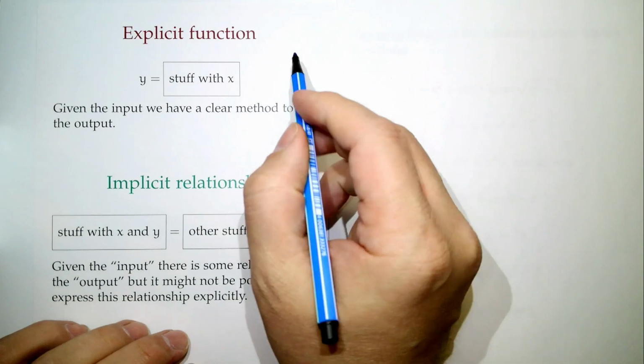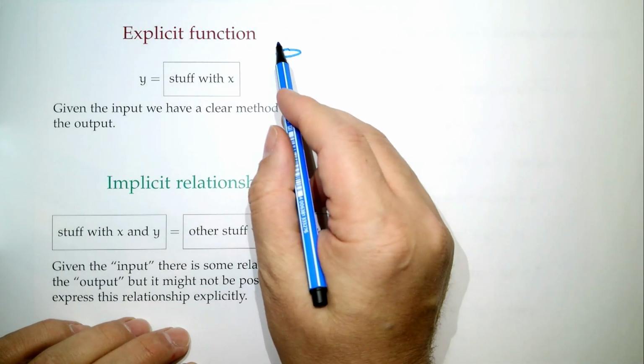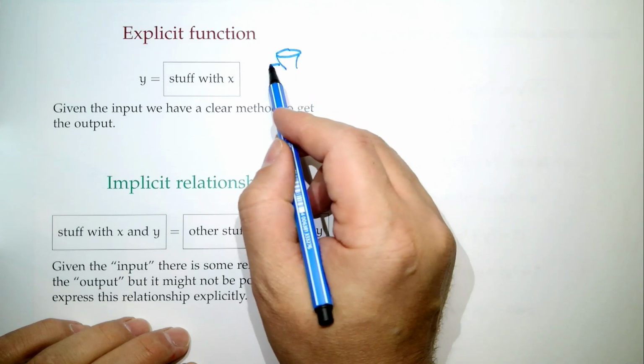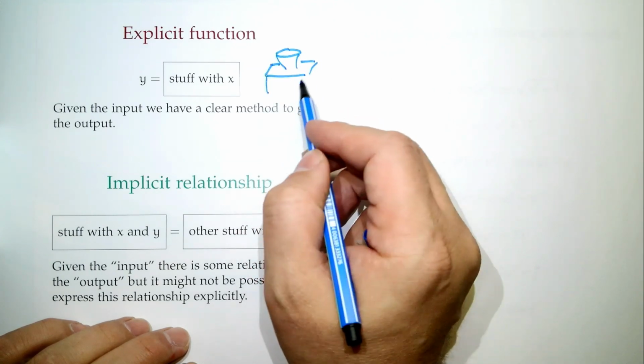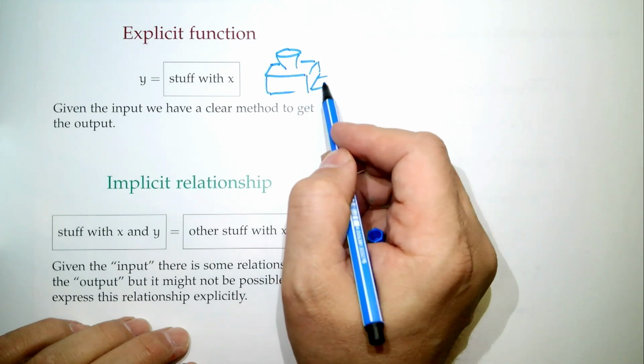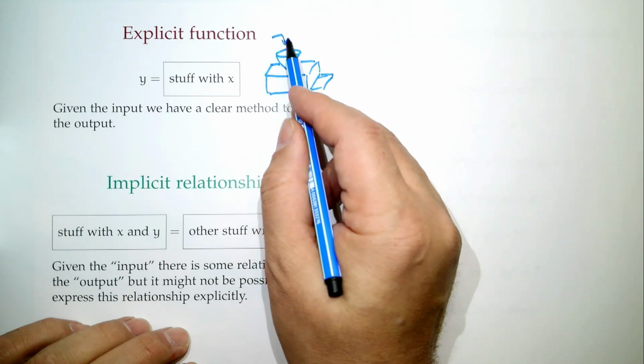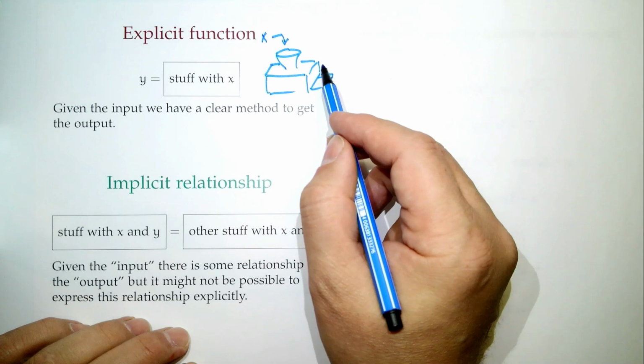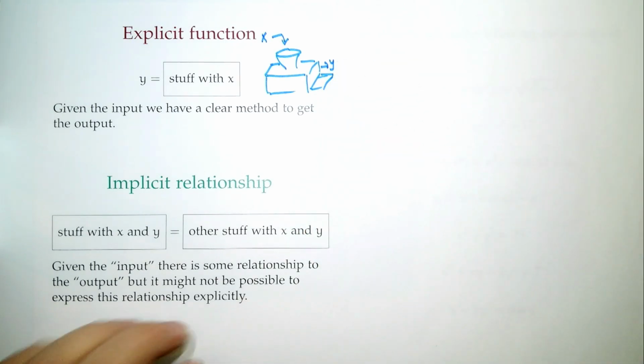You have your little machine, and you're feeding your machine with your input. So in comes x, you run it through the process, out comes y. We throw x in, it follows a recipe, out comes y.